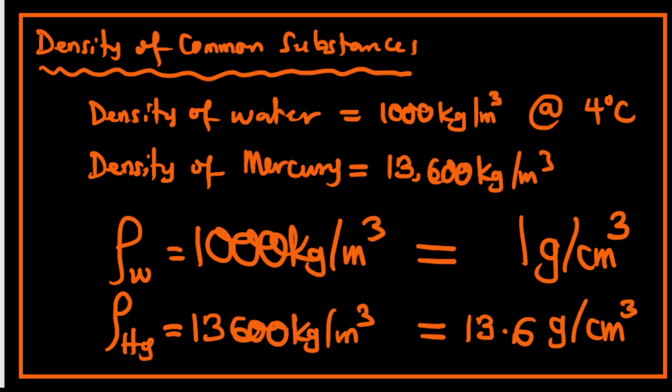So density of common substances: for water is 1000 kilogram per meter cube, which is also 1 gram per cm cube. For mercury, it is 13,600 kilogram per meter cube approximately, or in gram per cm cube that will be 13.6. So you can see that mercury is more than 13 times denser than water.